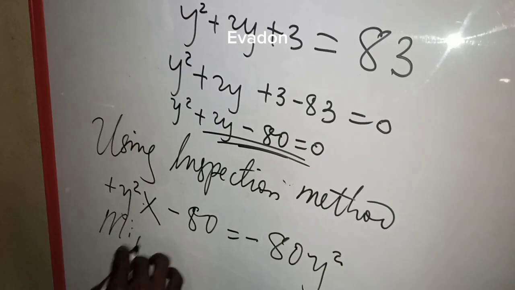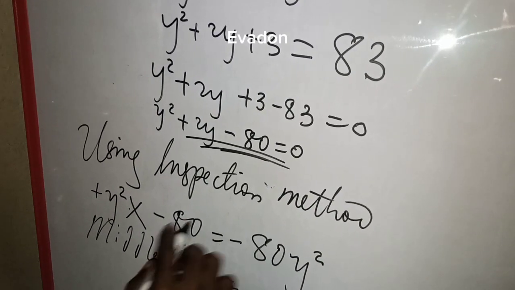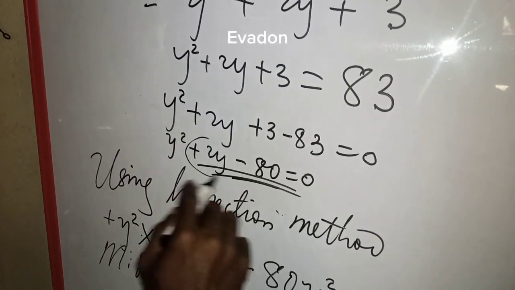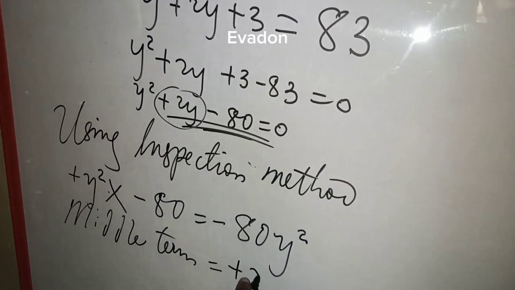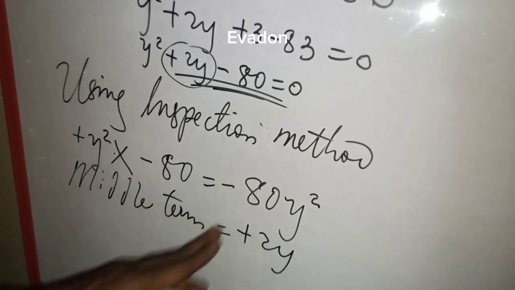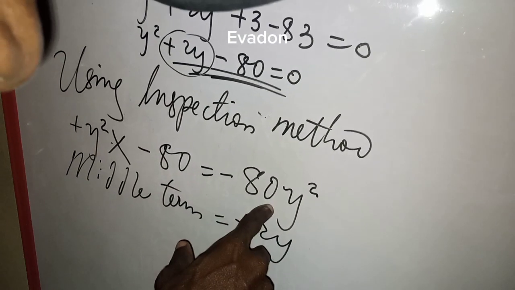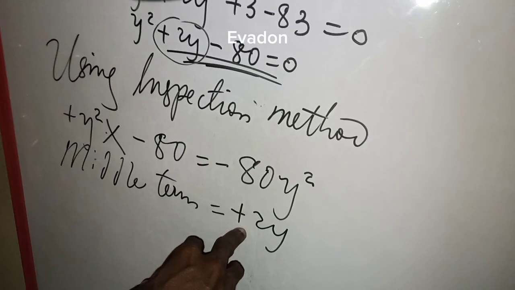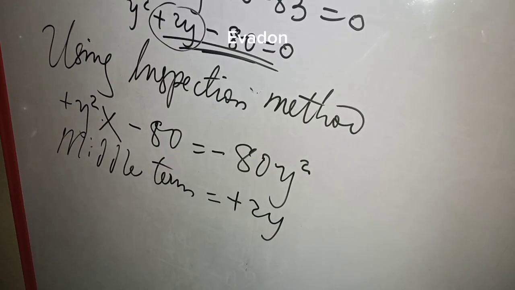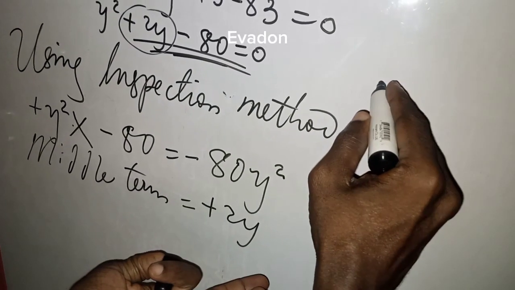Then the middle term is plus 2y. By trial and error, you look for two numbers such that they multiply to give minus 80 and add up to give plus 2. What two numbers are those? So we have 80. What are the factors of 80?